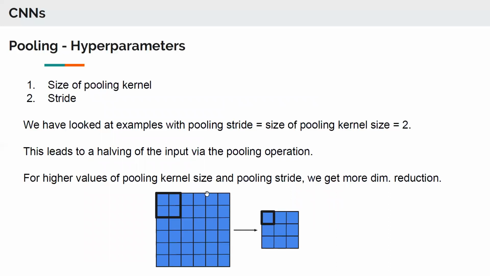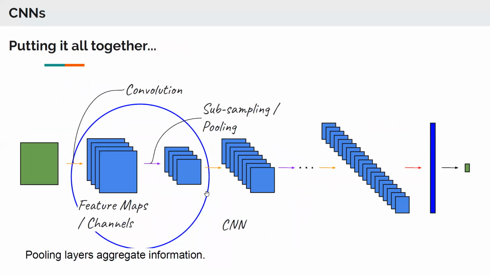So in the example that we saw, the size of the pooling kernel and the stride were both set to 2, and this leads to halving of the input size. For higher values of pooling kernel size and pooling stride, we get more dimensionality reduction. Okay, so that's about the pooling layer.